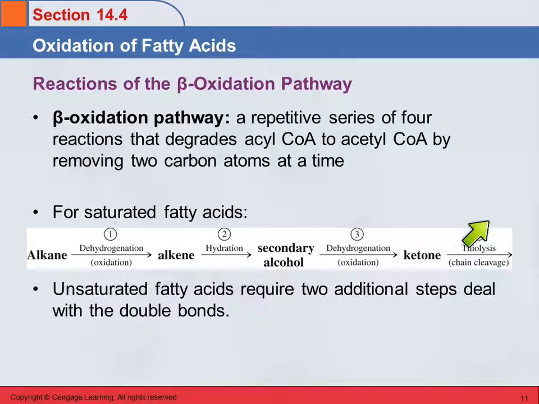And then thiolysis is where it's cleaved from the CoA. The CoA bonds to it by a thioester connection. And then for the unsaturated fatty acids, there's an extra 2 steps that we're just not even going to talk about. But you got to do something about those double bonds, because the double bonds are not going to fit into this pathway. So you got to take care of the double bonds before it can fit in here.